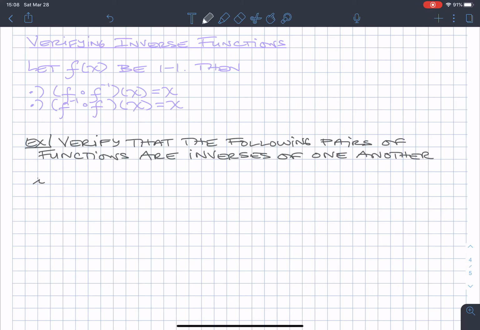Okay, so number one, let's say we have that f of x is equal to quantity x minus 3 squared plus 5, and g of x is equal to the square root of x minus 5, to which I'm then adding 3.